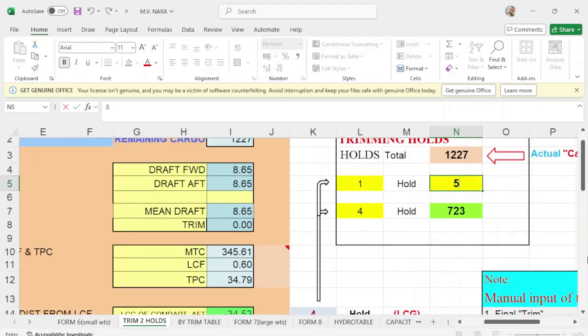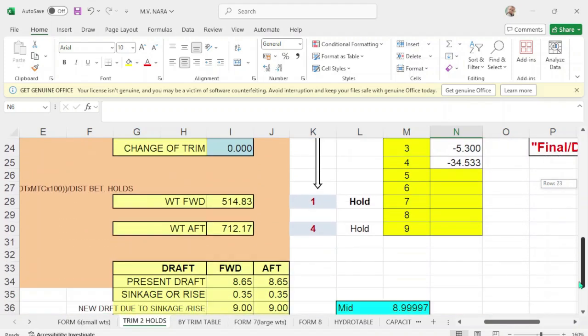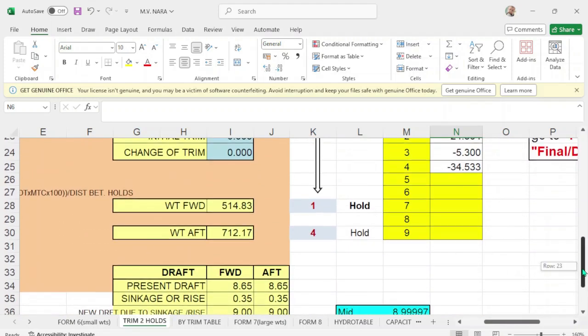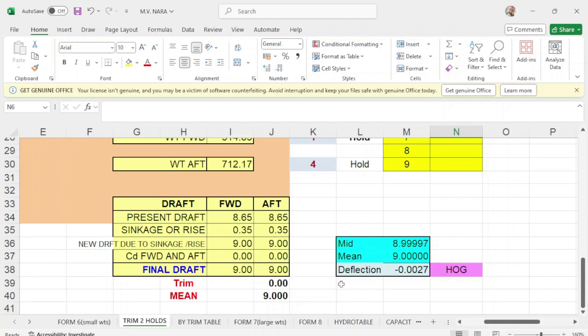Hold number 4 will be 712, and your final drop will be 9 meters, your zero deflection.